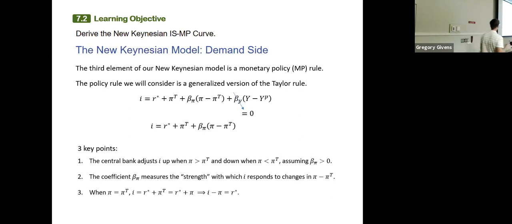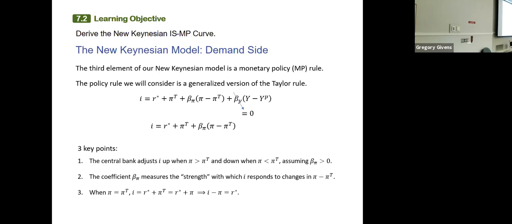Lastly, I want to point out that the Taylor rule is also theoretically consistent. Imagine for a moment that inflation is exactly equal to target. Well, if that's the case, then according to the rule, I is equal to R star plus target inflation. And since target inflation is equal to actual inflation, then I is equal to R star plus pi, which means that I minus pi, the real interest rate, is equal to the equilibrium real interest rate.